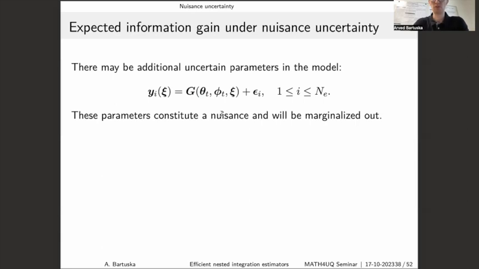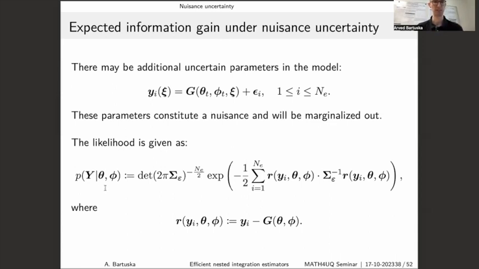So what you have to do instead is to marginalize the nuisance parameters. This way you're keeping track of the uncertainty and you are hopefully finding the optimal design just to recover the parameters of interest.